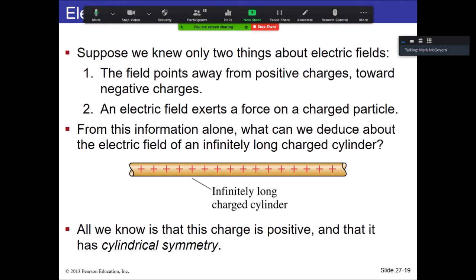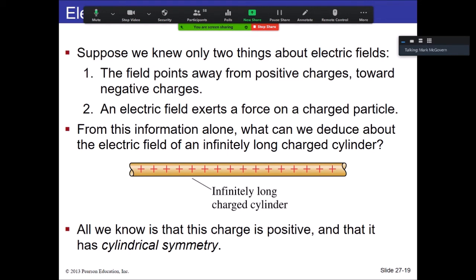Any symmetry that exists in a distribution of charge, that same symmetry has to exist in your electric field. Because if you were to take your distribution of charge and do any kind of rotation, translation, mirror flip and things like that, and your charge distribution doesn't look any different, how could your electric field look any different?